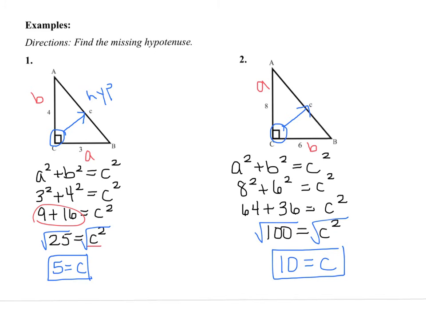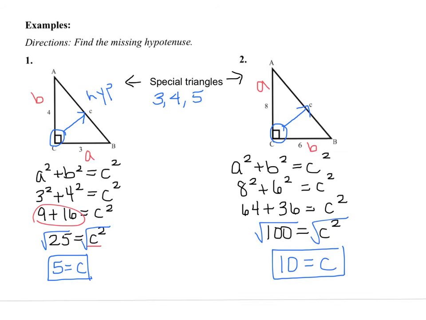So before we move on, I just want to stress that both 1 and 2 are special triangles. In both examples, they're special because they involve a Pythagorean triple. The Pythagorean triple in number 1 is 3, 4, and 5.